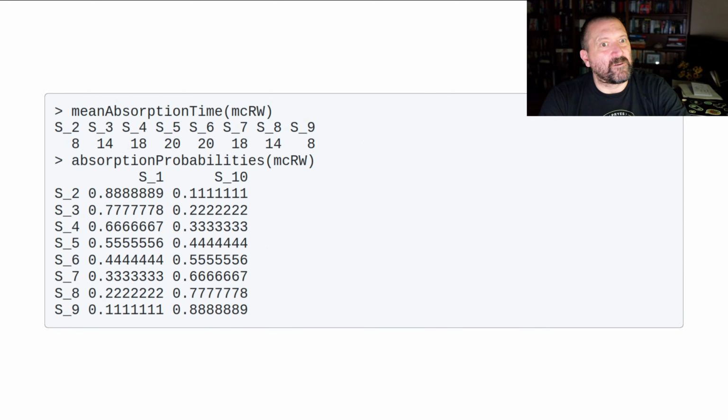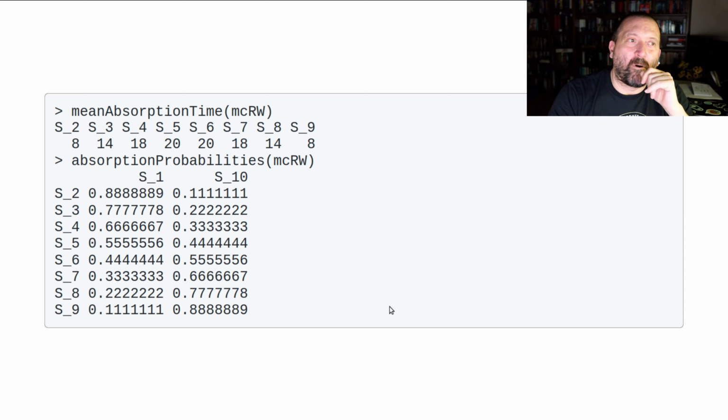And here we can compute, for instance, the mean absorption time. This time, we're only looking at the mean absorption time when you are in a transient state, not when you're at one of the absorbing points, because at that endpoint, you're absorbed right away. So what this is saying is that it takes, on average, 8 steps to be absorbed.